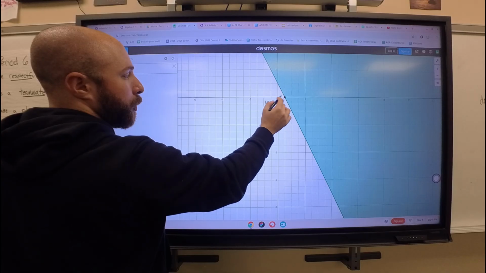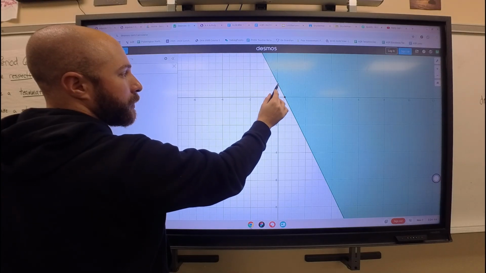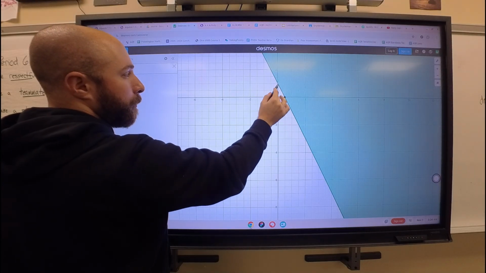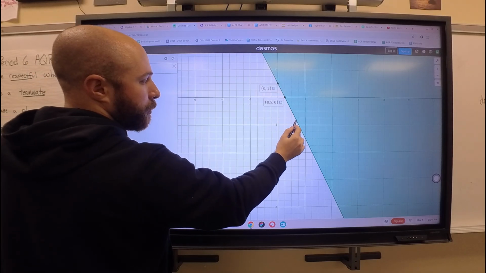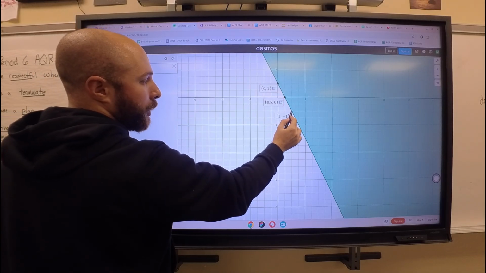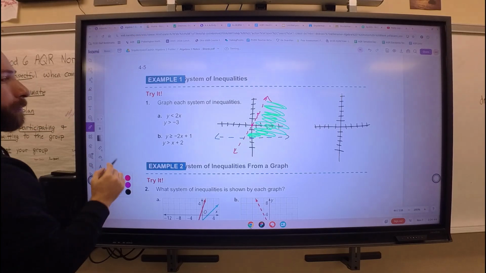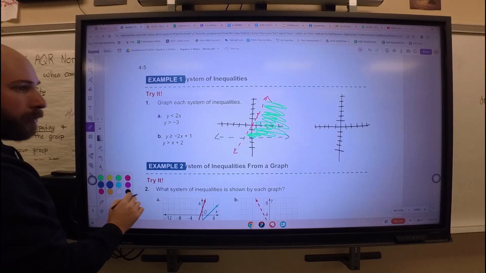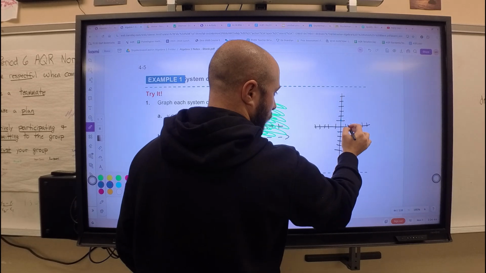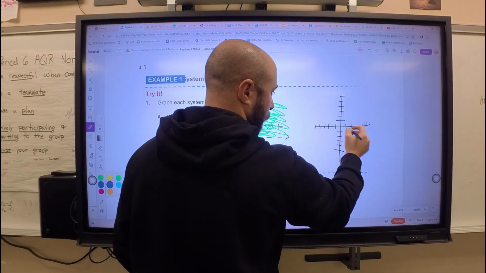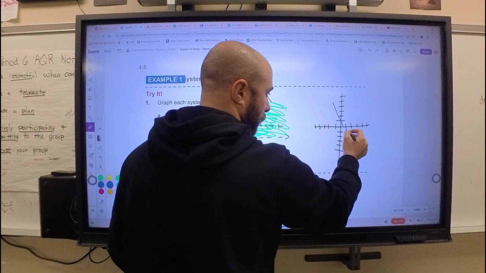We've got the point 0, 0.5, which we don't like, but we have the point 0, 1, and we also have this point down here. We have 1, negative 1. So let's use the 0, 1 and 1, negative 1, and this is going to be a solid line.